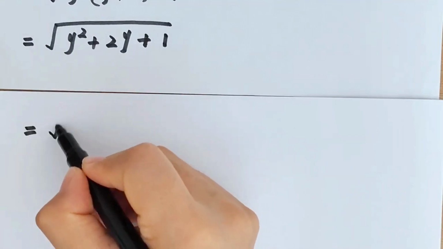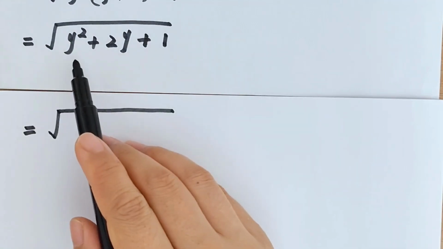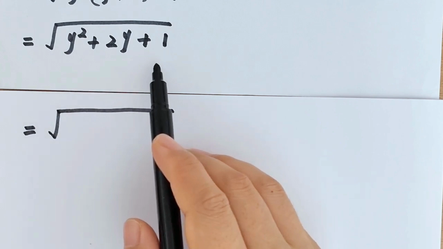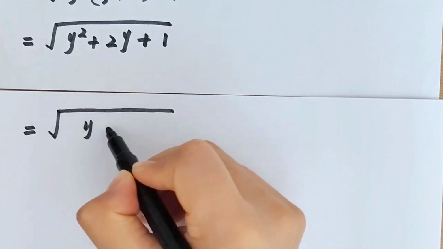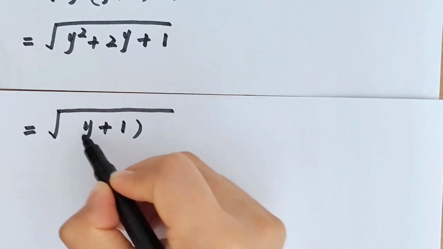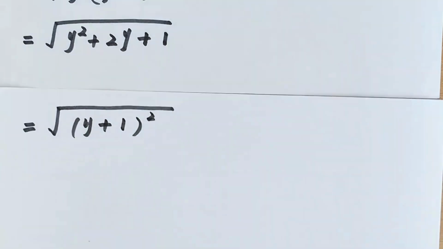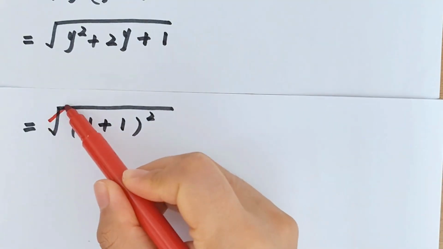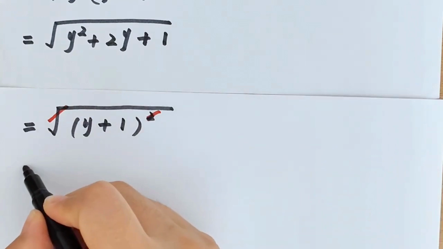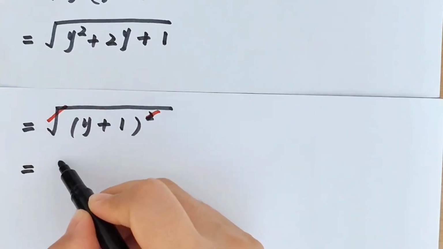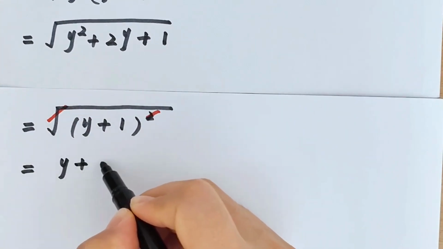Equals the square root of y squared plus 2y plus 1, which is the same as (y plus 1) squared. Then we cancel the root and the square, so it is equal to y plus 1.